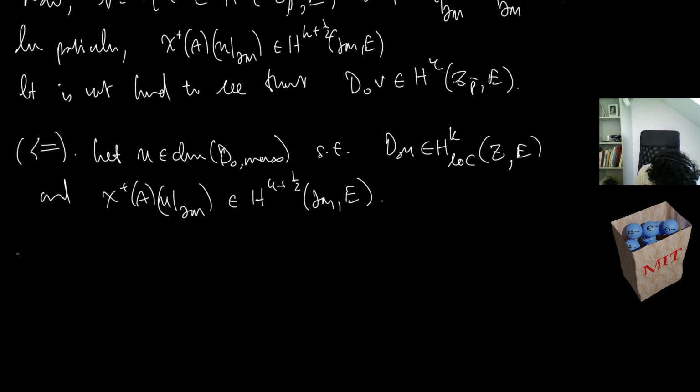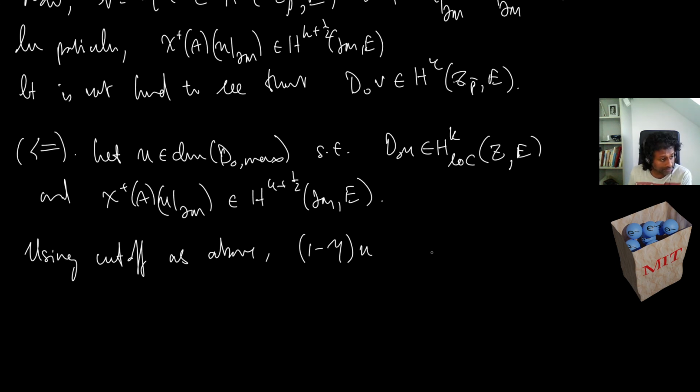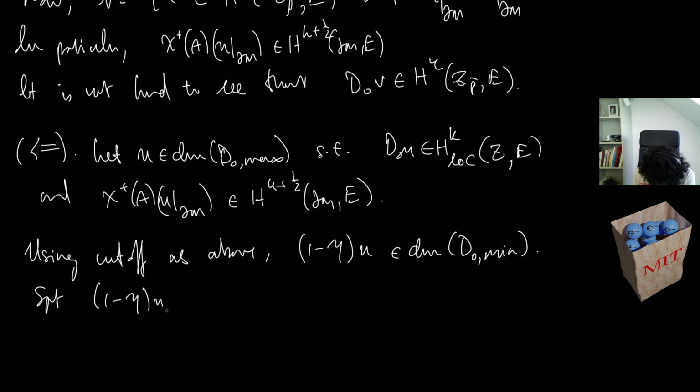Using cutoffs as above, we have that (1 minus η)u is in dom D_0,min, and the support, in fact, more than that, (1 minus η)u is supported now in the interior of this Z.